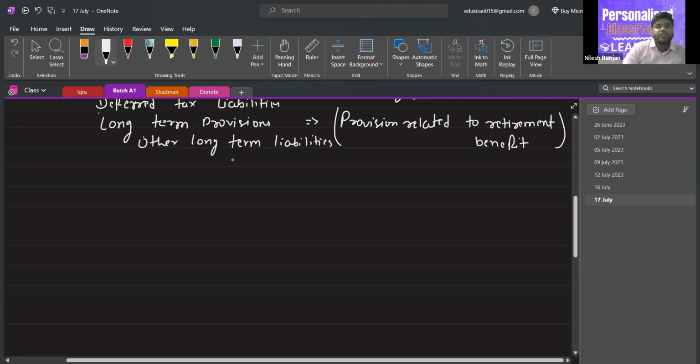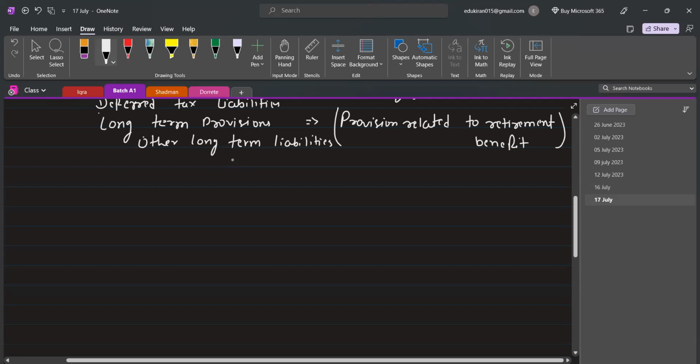Okay. So in long-term borrowing, we include only those types of loans which are taken by the company from a bank or financial institution or any other place. But there are some other liabilities which are liabilities, but we have not borrowed these funds. They have given this amount to us.